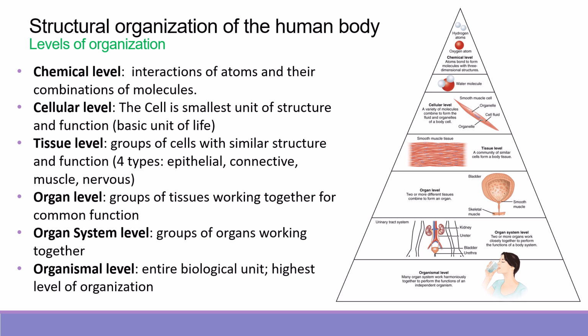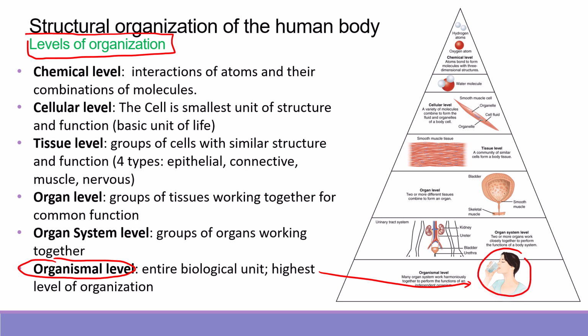It's important to know the levels of organization. Basically, these levels of organization start from big with the organismal level, which means we start as a human, as an organism.